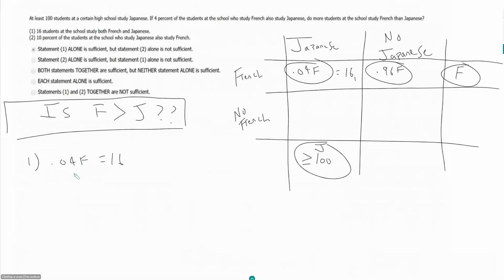So what is 4%? That is 4 over 100, which is 1 over 25. So we can find our total French students as well. It should be 25 times 16, which is 400.